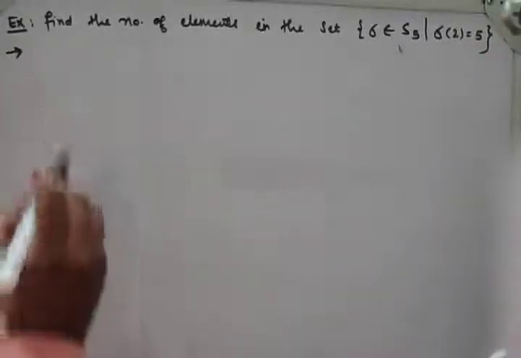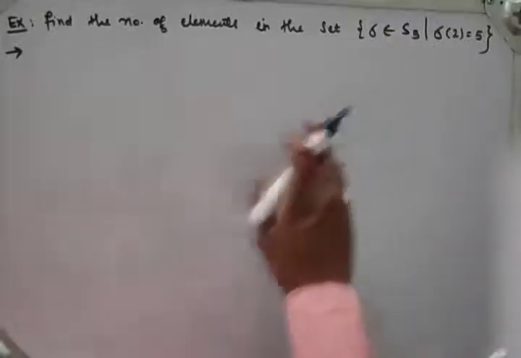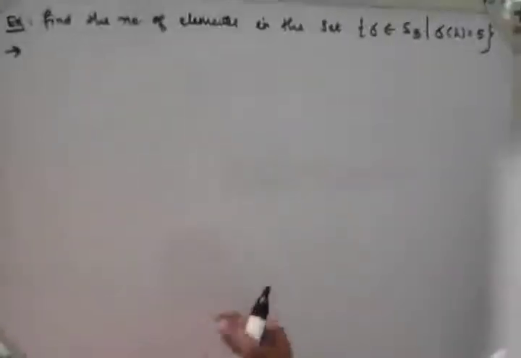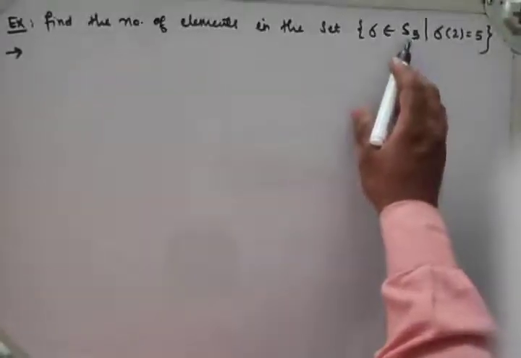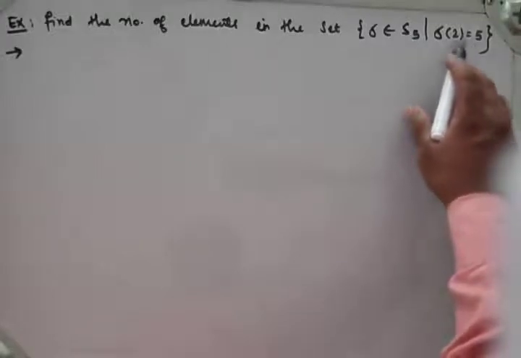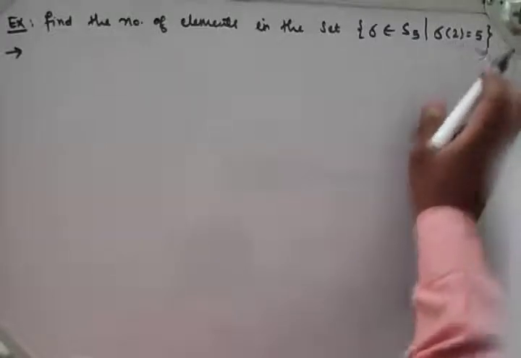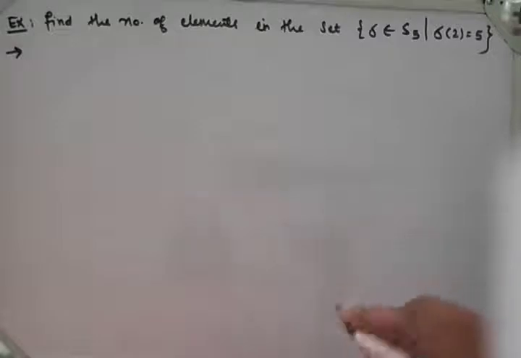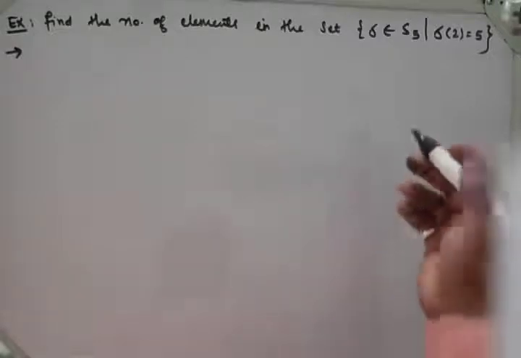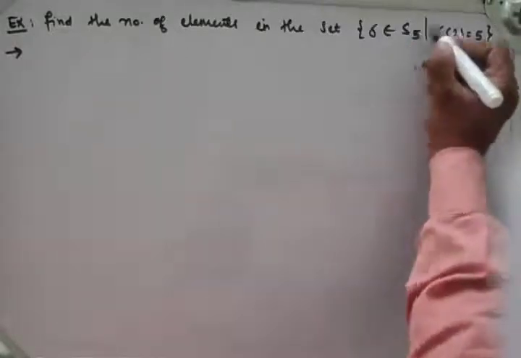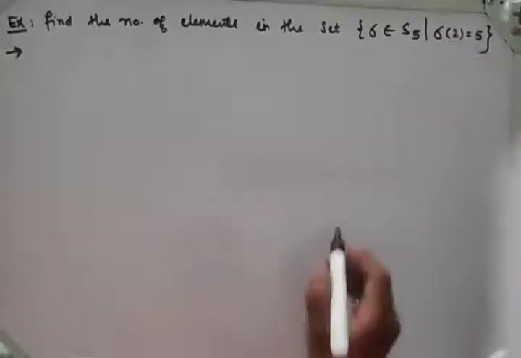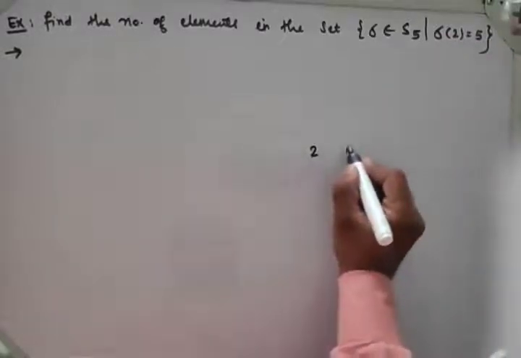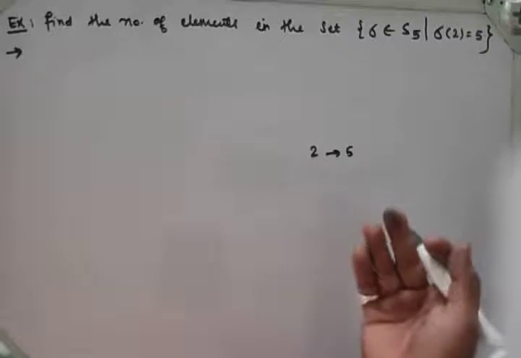So we need to find the number of elements in the set S5 such that the image of 2 is 5. So 2 has value 5, which is fixed. How many elements do we have in S5 such that sigma of 2 is 5? What are the possible values?